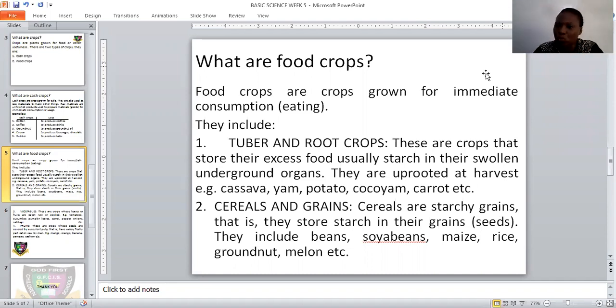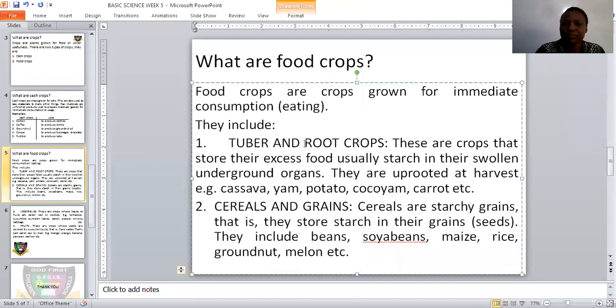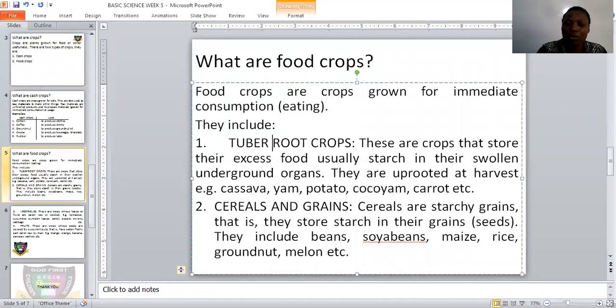Now, food crops are crops grown for immediate consumption. They include, number one, tuber or root crops.